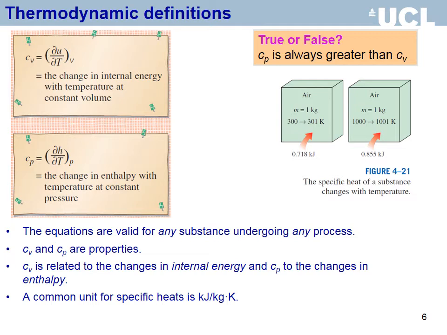So for a constant pressure process, the system can expand and it ends up doing some amount of work on the surroundings. So the energy that you put in not only raises the temperature of your system, but part of it is also used to provide work to the surroundings. So the energy required in a constant pressure process is always higher because you need to do some work on the surroundings as well. And that's why Cp is always greater than Cv.